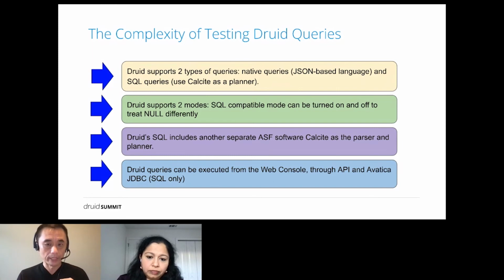We use that as a planner. So this is free software on free software. That's a lot of free software out there for testing. And Druid queries can also be executed in many ways. They can go through the web console, through the API, or through Avatica, which is JDBC. We support JDBC. We don't support ODBC, but we do support JDBC.